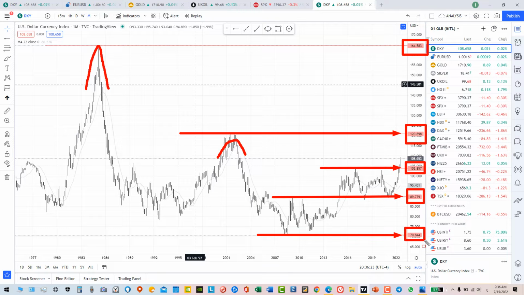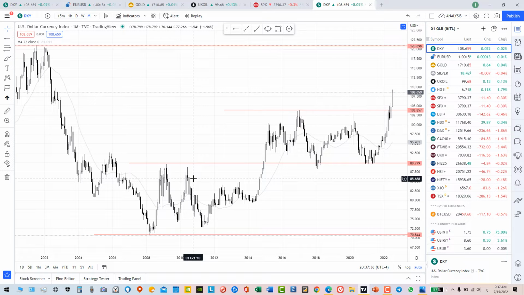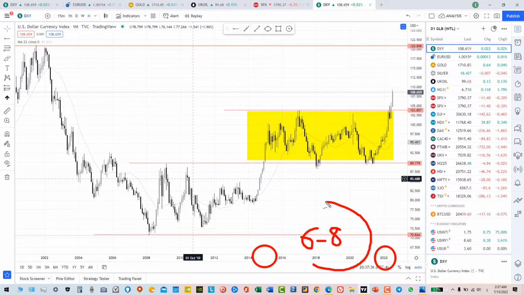I think according to the monthly chart, the dollar index is bullish. Why? We should say why. Notice that this trading range over the monthly chart was a pretty long-term trading range, starting from mid 2014, maybe 2015, until early 2022, which means that this is around maybe 6 to 8 years, so it's pretty long time.